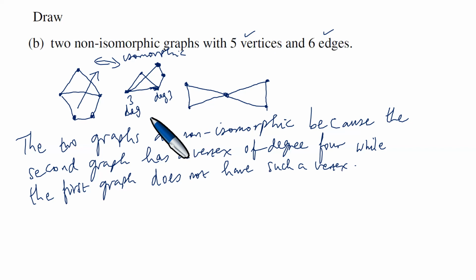The corresponding vertices that are adjacent in one graph remain adjacent in the next graph. In particular, isomorphic graphs can be easily seen by just moving vertices and making them look different when they're actually the same. Okay, next question.